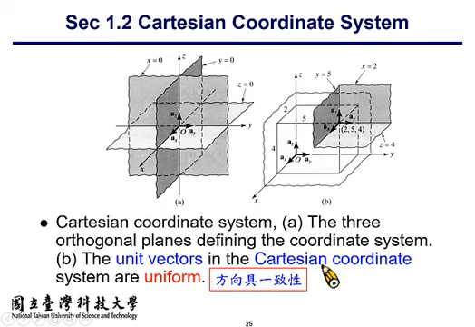Because in electromagnetics, we are dealing with fields and waves that are propagating or existing in an actual environment, that is a 3D environment. So the spatial property should be described using a three-dimensional coordinate system.